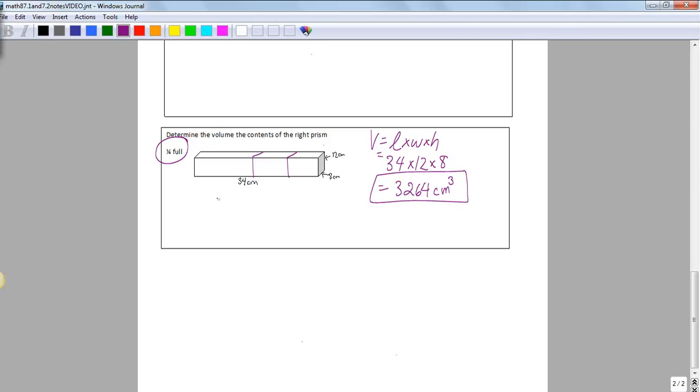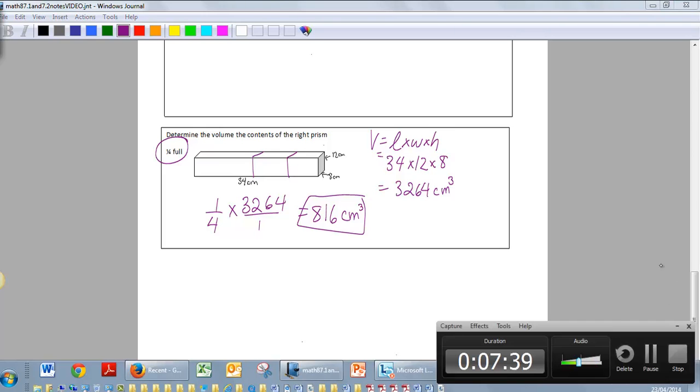Now remember, back to the fractions, if I want to find a quarter of something, that word of means multiply. So a quarter of 3,264, you multiply the numerators, multiply the denominators, and you get 816 centimeters cubed. So that's your final answer. A quarter of the volume is 816. Okay, good luck, and we'll see you in class next day.